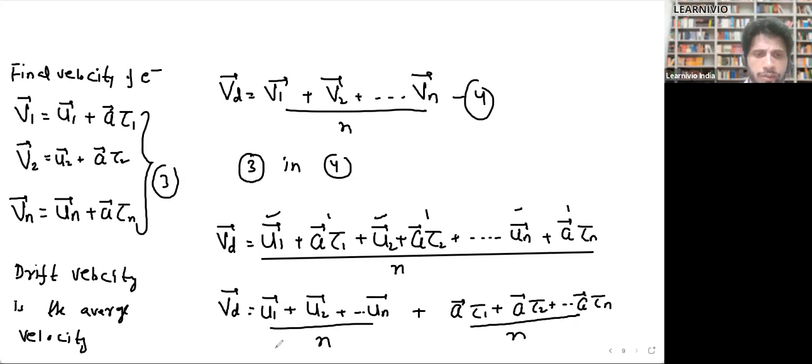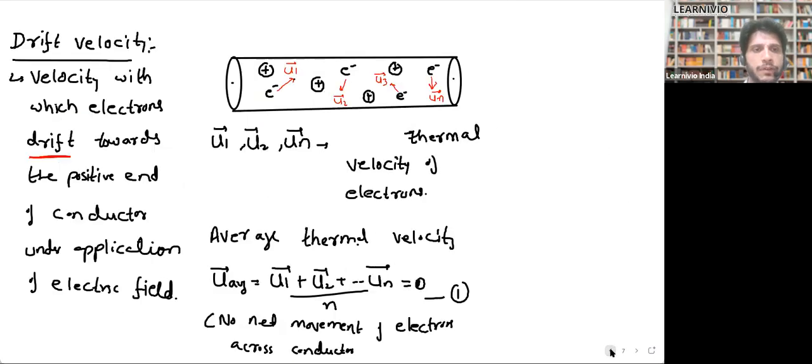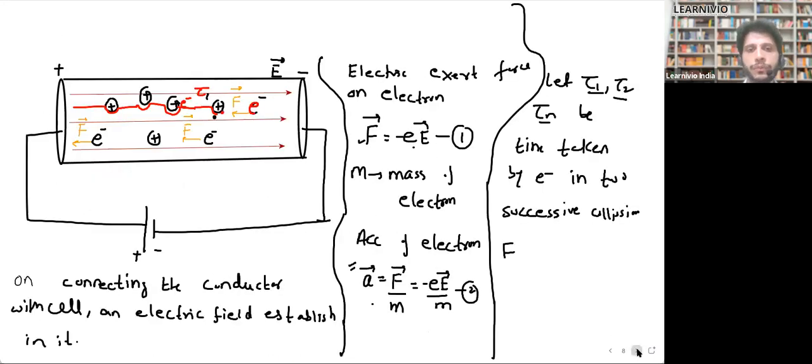So Mariam, how much is this u1 plus u2 plus un by n? What is this velocity? Sir, it is the average velocity. Average thermal velocity, right? Which is 0? Yes. This is the average thermal velocity, which we have discussed here, which is 0.